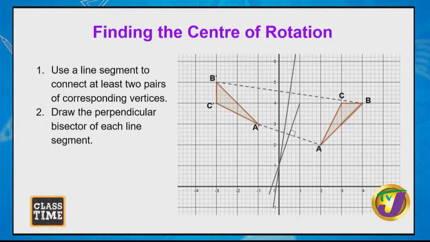Not just that, but form a 90-degree angle. Yeah. So here we have our two perpendicular bisectors. Oh, and I see that those perpendicular bisectors intersect. Exactly. And since we know they must pass through the center, both of them, then wherever they meet must be the center of rotation. In other words, the center of the circle, right?